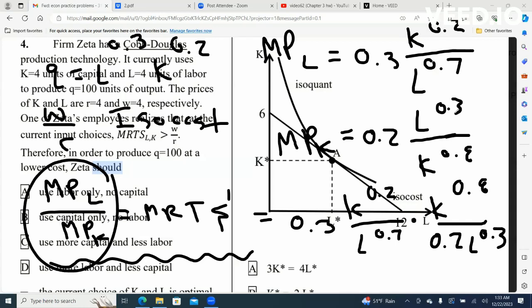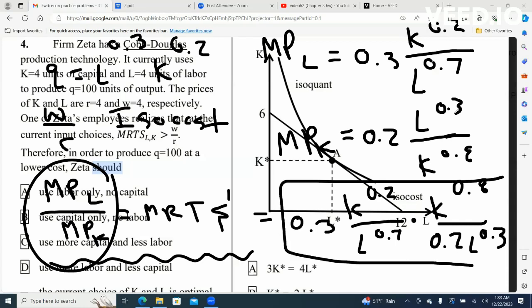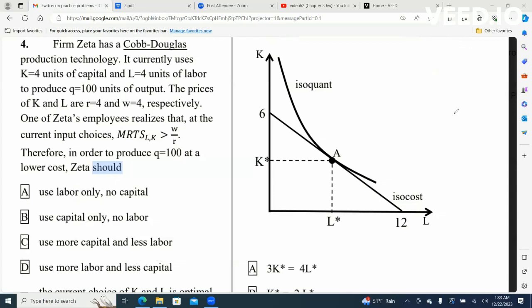Okay, so hopefully that makes sense there. This is kind of the introduction. But when we solve that, what do we get there?